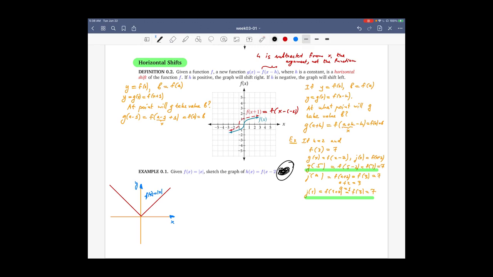So I should simply shift the graph of f, which is absolute value of x, to the right by 2 units. That will produce a different graph, which will look like this.